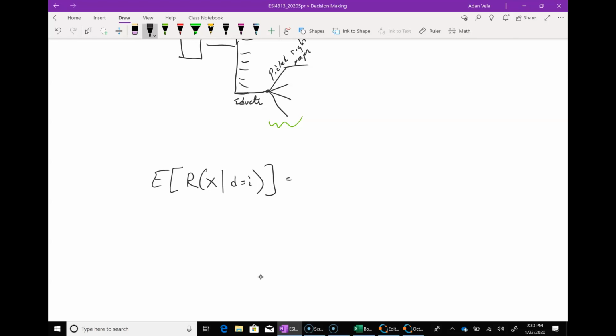If we want to write the mathy version of what we're doing, we're just looking at, let's say we did invest in your education. What is the probability of all those outcomes here?